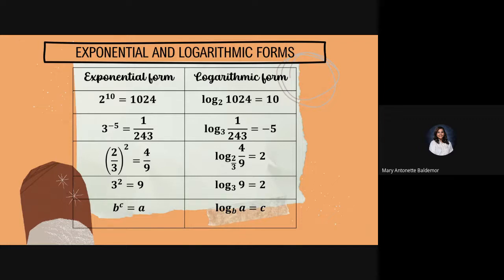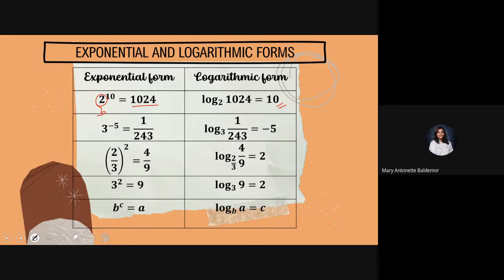Converting it to logarithmic form, take note they are just inverses of each other. So we have the logarithm of 1024 with base 2, ito po yung base, is equal to 10. So basically, yung nandito sa right portion natin are just the exponent of the equation.